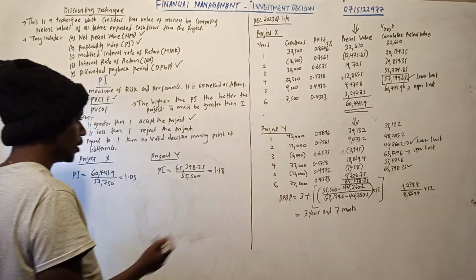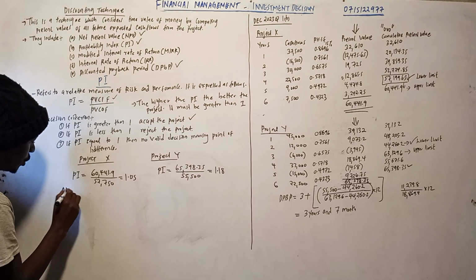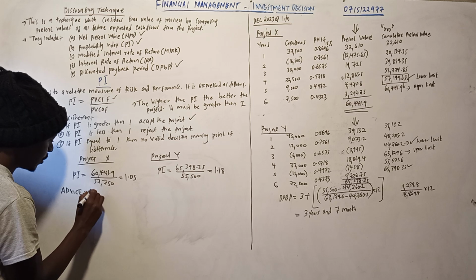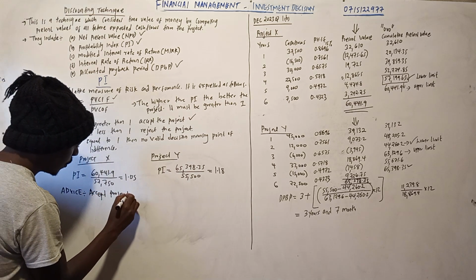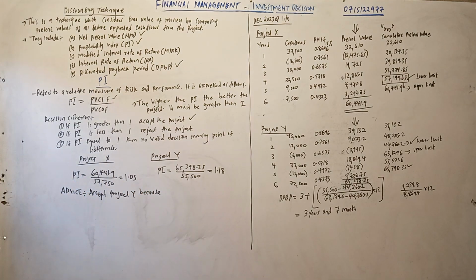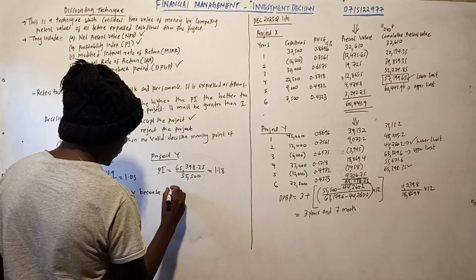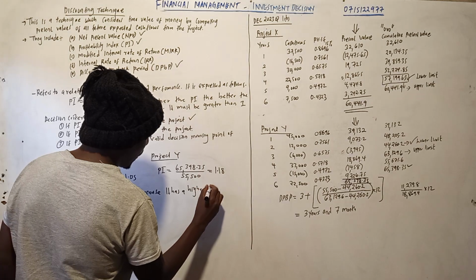So which one is the best? The higher. So advice, if you are to use the PI, accept project Y because it has a higher profitability index.